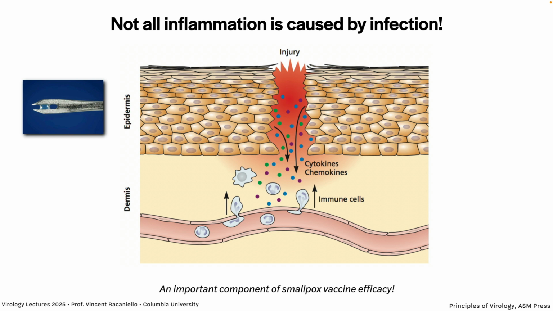And that's a big part of the efficacy of the smallpox vaccine, because if you inject the smallpox vaccine, it doesn't work as well. You need this damage, which causes cells that are damaged to release chemokines and cytokines, which recruit immune cells to the area, and that boosts the immune response. So it's inflammation caused by the vaccine delivery method, and it benefits vaccination.